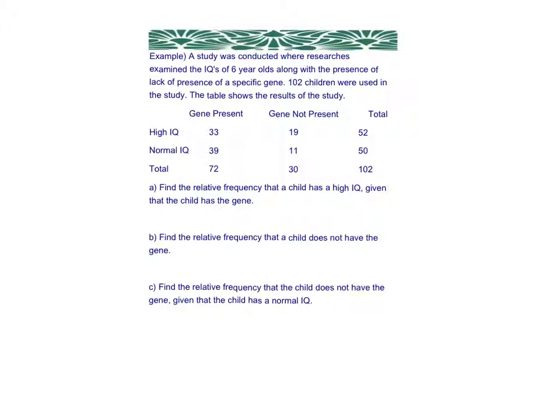So in the first problem, I want to find the relative frequency that a child has a high IQ given that the child has the gene. So this is conditional probability. Given that the child has the gene means I'm only looking at the 72 here that have the gene. Of those 72, how many of them have a high IQ? That's 33. So I'll have 33 out of 72.